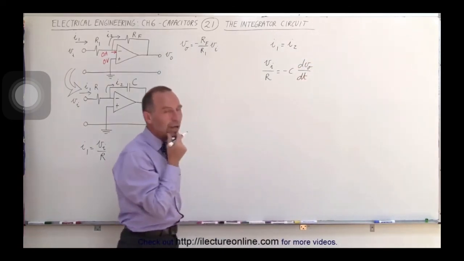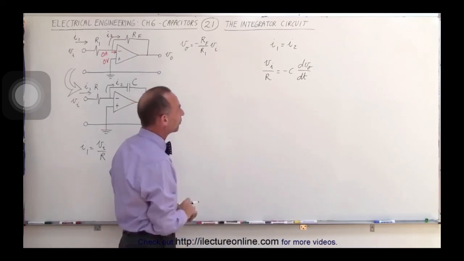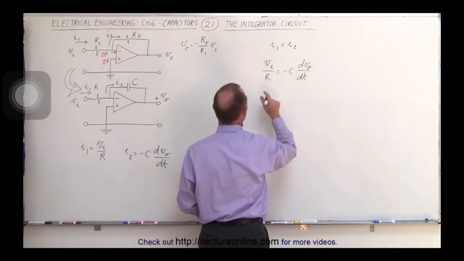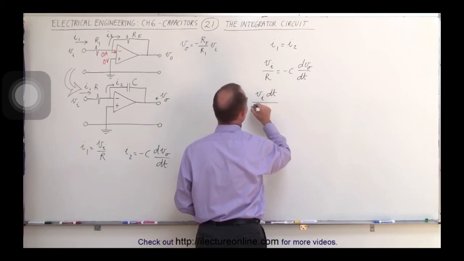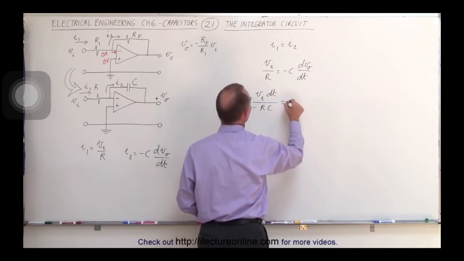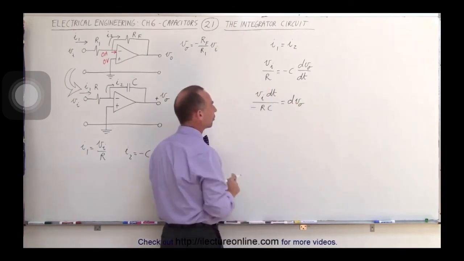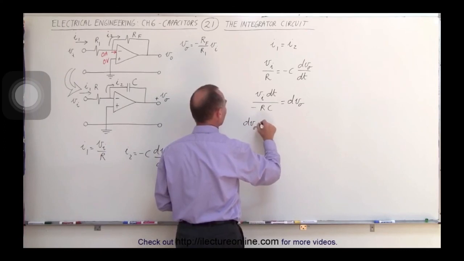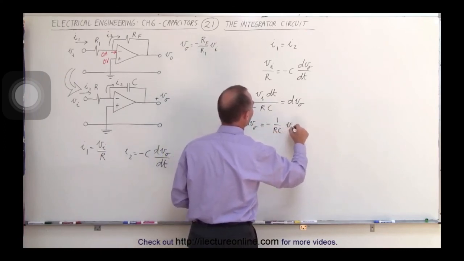So what we need to do now is solve that equation for the output voltage in terms of the input voltage. We can do that by bringing this down here and this up here. So we can write V sub I times dt divided by minus RC is equal to dV output. Turning the equation around, we can write this as dV output is equal to minus 1 over RC times V sub I dt.